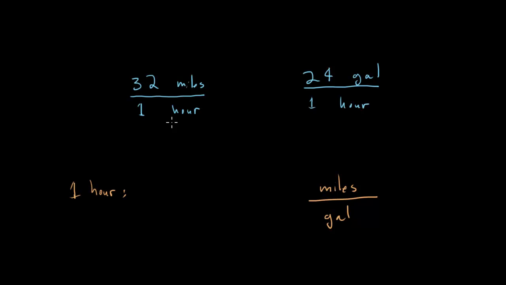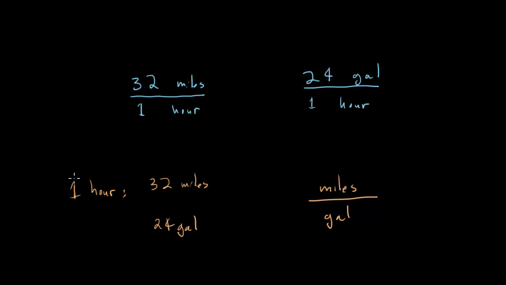So in 1 hour, what happens? Well, we're going 32 miles per hour, so in 1 hour, we travel 32 miles. Similarly, we know we're taking up 24 gallons per 1 hour, so in that 1 hour, we use up 24 gallons, and actually, this is everything that we need to get our relationship.